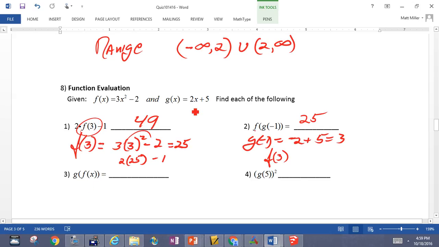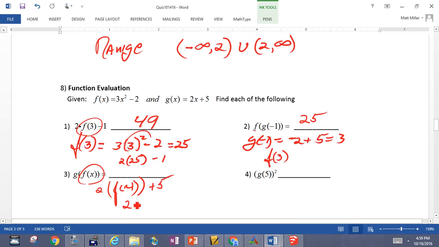What it says is go to function g and replace all the x's with f of x. So you could do it this way. You could say 2 times the f of x plus 5. So that's doing exactly what it says there. Place the f of x in the g. Now, but what is f of x? f of x is 3x squared minus 2.